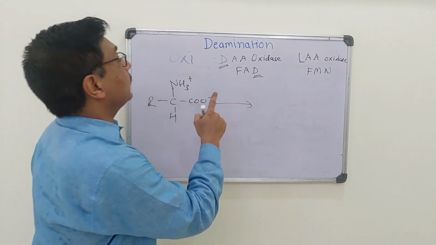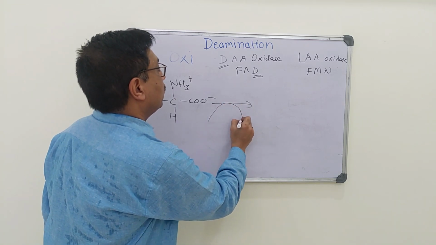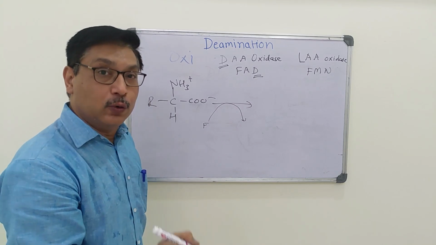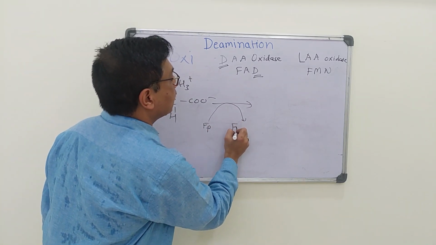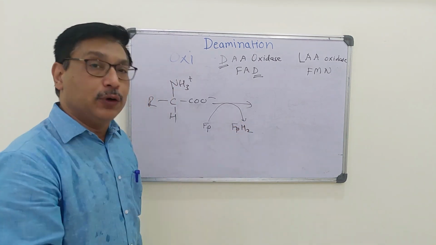Now in this reaction, what happens? FMN is converted to FMNH2, or we can say flavoprotein is converted to reduced flavoprotein. Now what will happen to the reduced flavoprotein?